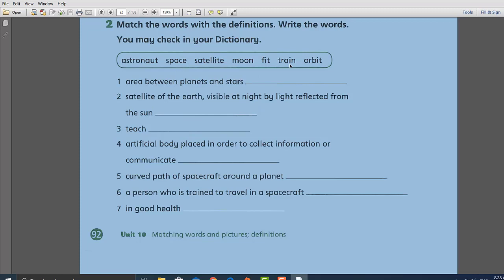Artificial body placed in order to collect information or communicate. The answer is satellite. Excellent. Number 5, 6, 7 will be your own homework.